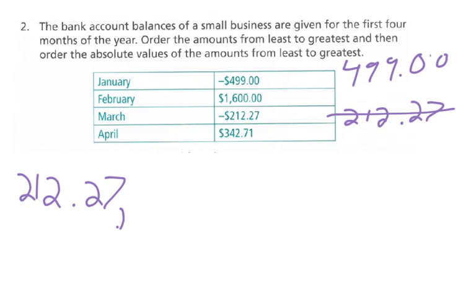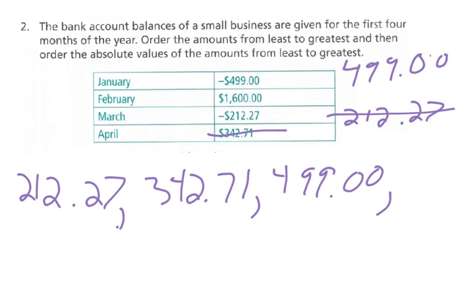Then what's going to come next? This $342.71. Then we'd put our $499.90. And then our $1,600. So we did both parts of that word problem. We put them in order without the absolute value, and then we got the absolute value and put those in order.